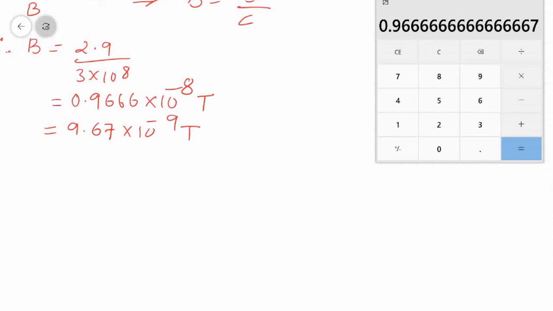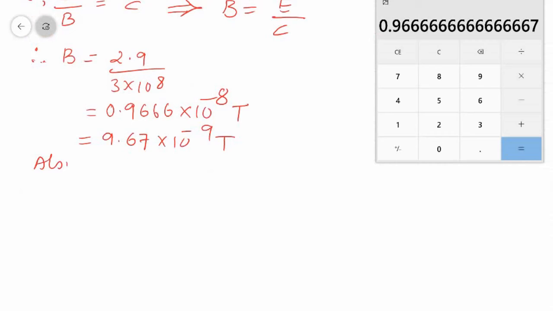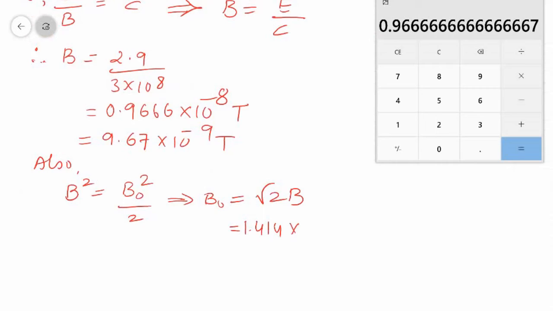Also we know that B square is B naught square by 2, or you can say that B naught will be equal to root 2 times B, or you can say that E0 by B0 is C. From that formula also you can find B naught. So here B naught is root 2 times B, that is 1.414 into 9.67 into 10 raised to minus 9.